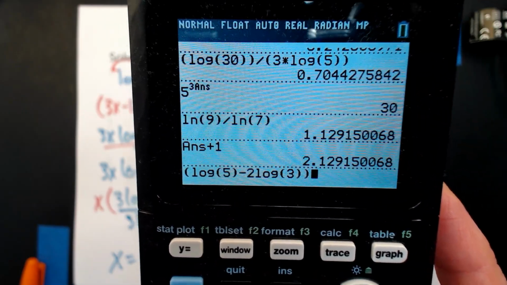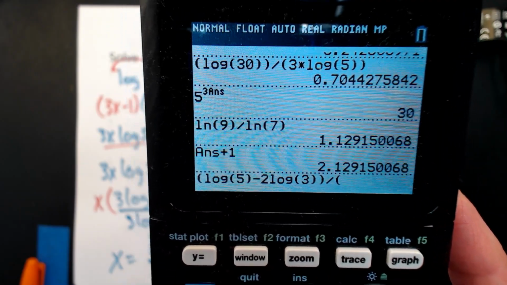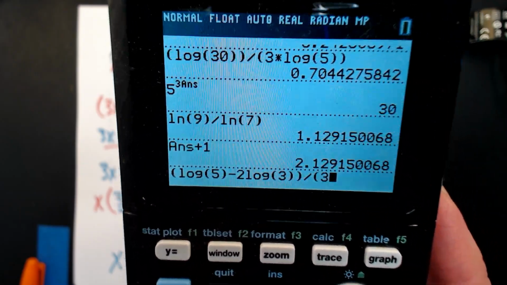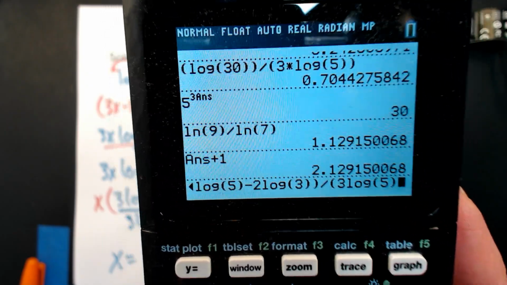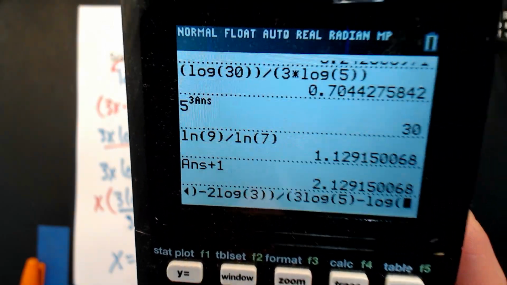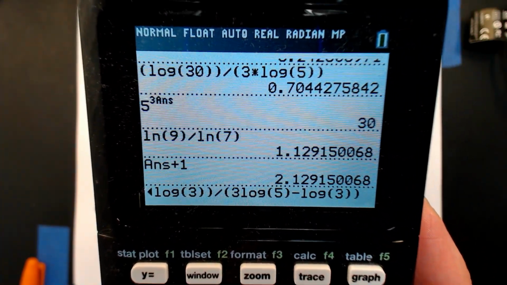Then I'm going to close that top numerator. I'm going to divide it by the denominator. I need the denominator in parentheses as well. So 3 log 5, close that log 5 out, minus log 3. Then I'm going to close out an additional parentheses and hit enter.